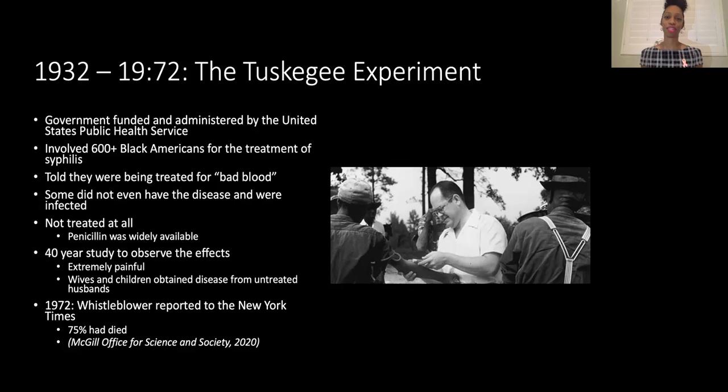And just the experiment itself was discriminatory because they only recruited Blacks, and there was a false assumption that Blacks were just more promiscuous and therefore were much more prone to STIs, STDs, which is of course not true, but that is the basis to where the federal government came in and recruited these men, told them they were being treated for bad blood, and then did not treat them at all, even though syphilis was easily curable with penicillin, and this was widely available, but of course it was not provided to these participants.